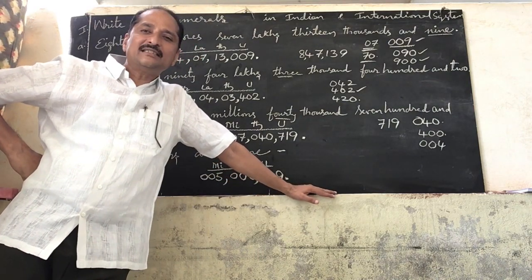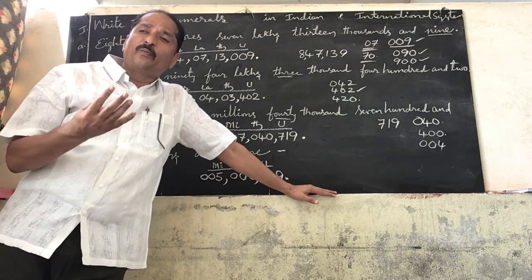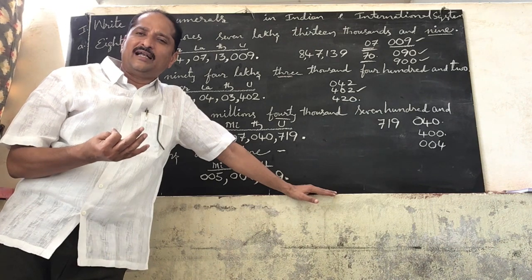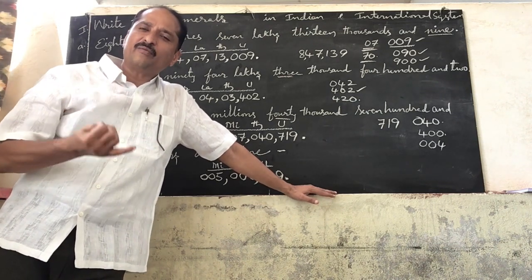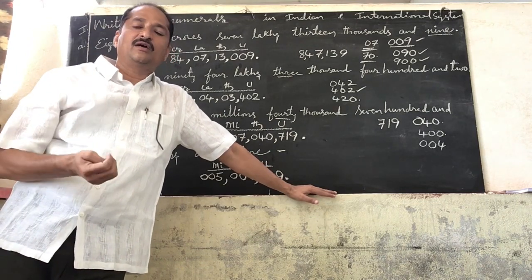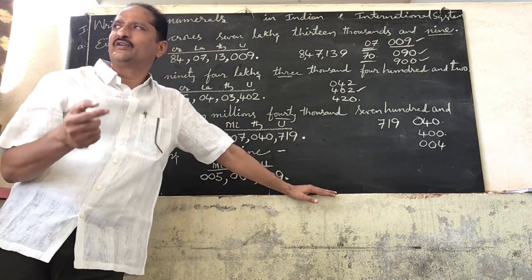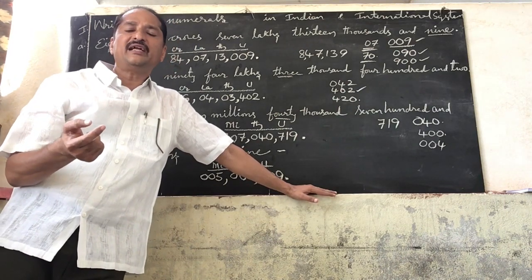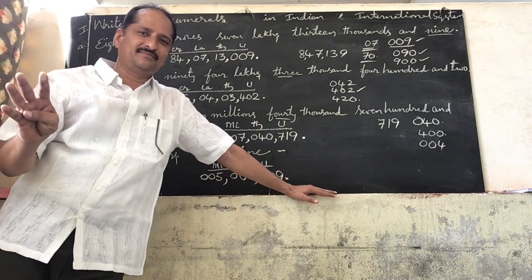In the next class, we can see about face value, place value, and comparison of numbers, then expanded form of numbers, short form. These all we can learn. Don't forget, after this class, you can learn the periods from greater to smaller. Don't go for places.